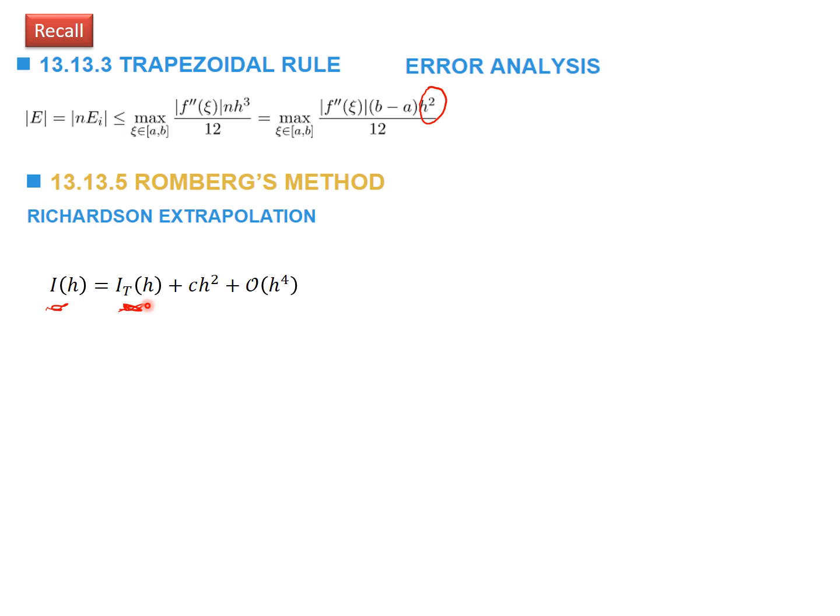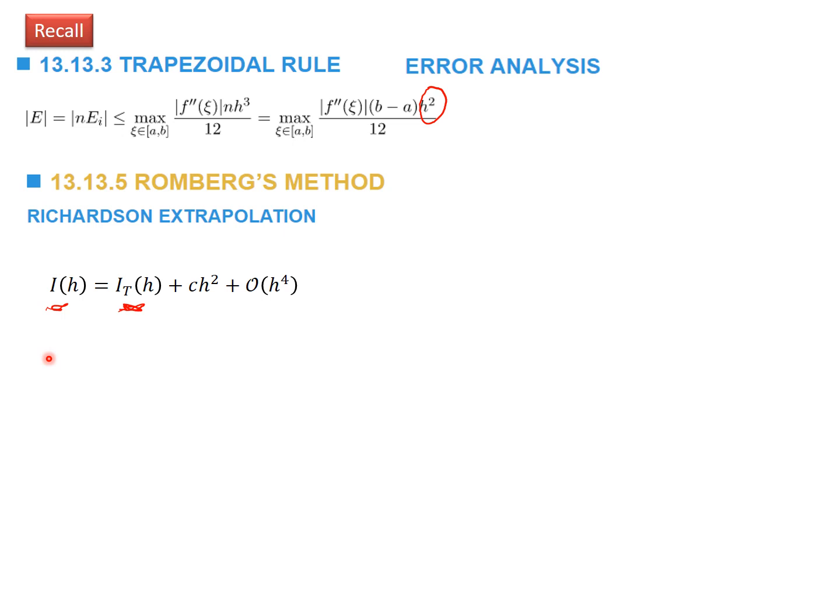Knowing the math behind the trapezoidal rule, we can write the error term as follows: the difference between I and I sub t of h is equal to a constant multiplied by h squared plus an error term that is directly proportional to h to the power 4.